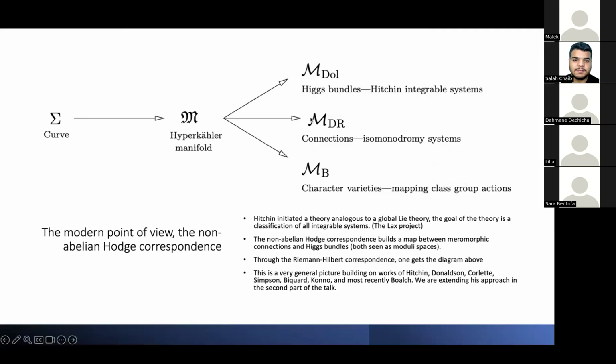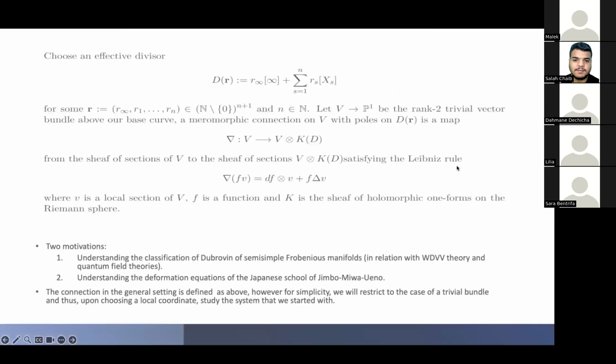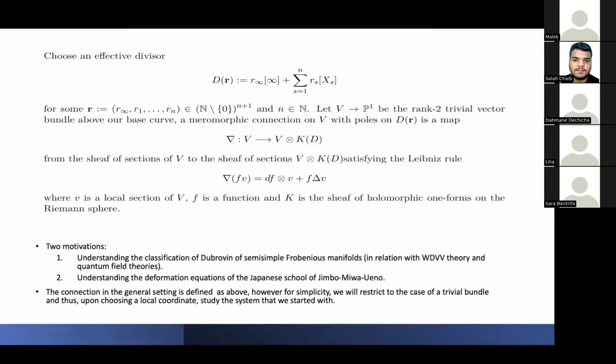And me, I will restrict myself to, again, the de Rham moduli space, which is the moduli space of connections. So I will just get to the definition of a connection that I'm going to be considering. It is the following. I will fix a divisor. I will fix some orders of the poles.